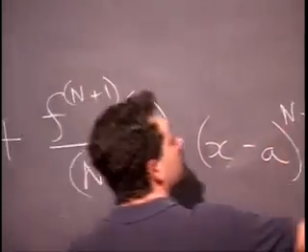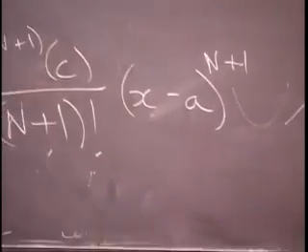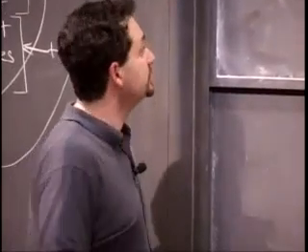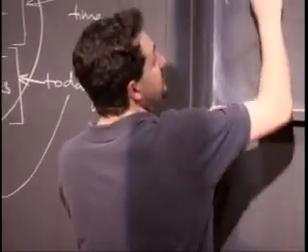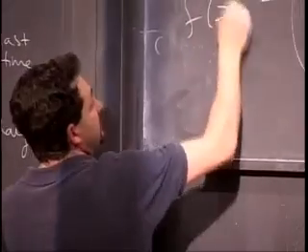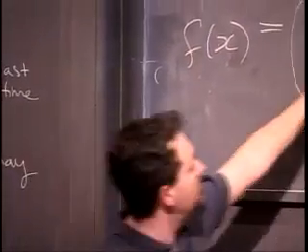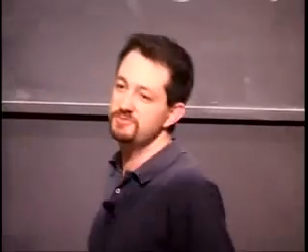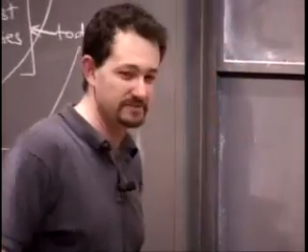And again, c is between x and a. So any function that has at least capital N plus 1 derivatives, which are continuous, can be written as a decomposition of a polynomial of this particular form plus some bizarre remainder term involving a number c that you don't really know.